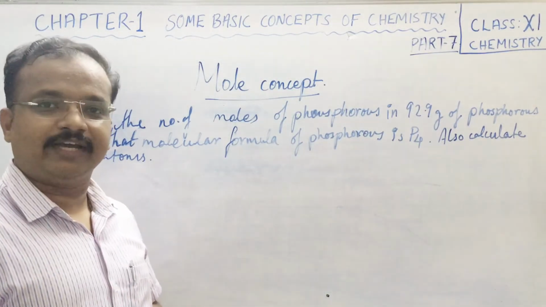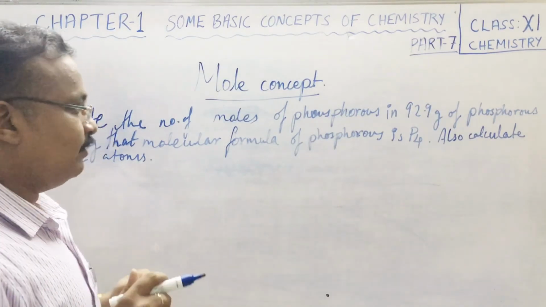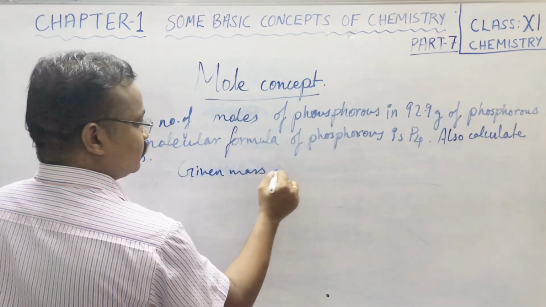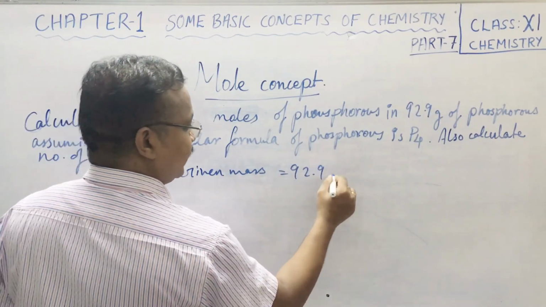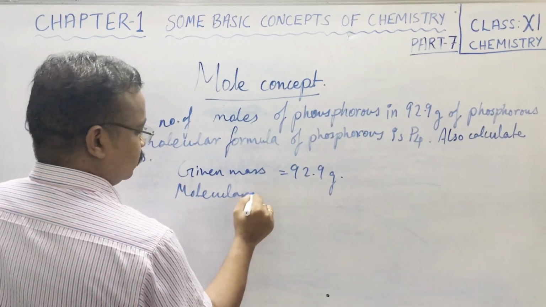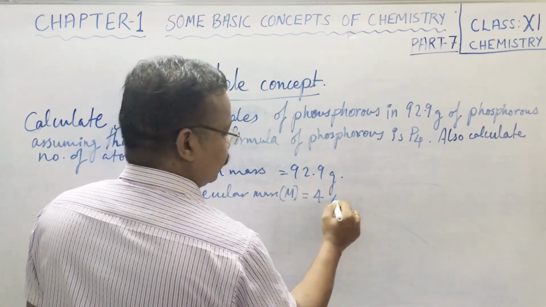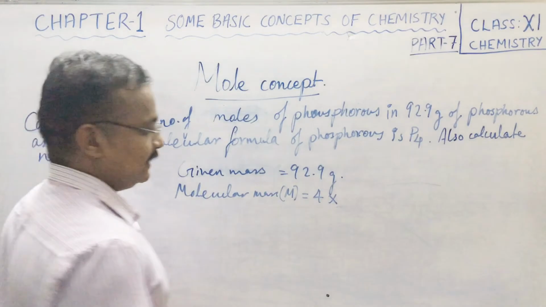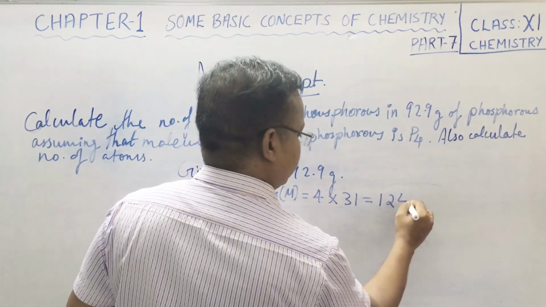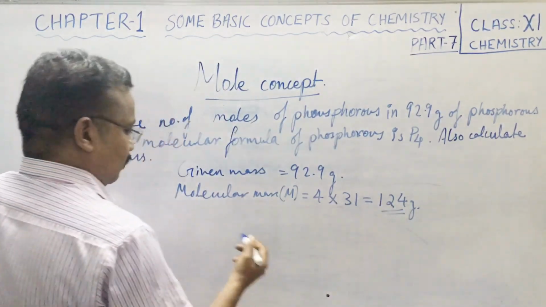So first we have to find the number of moles present in 92.9 gram of phosphorus. That is, given mass of phosphorus is 92.9 gram. Okay, and molecular mass, we represent capital M, is equal to 4 into the mass of phosphorus, that is 31, which is equal to 124 gram molecular mass, we can say. Now what we have to find?